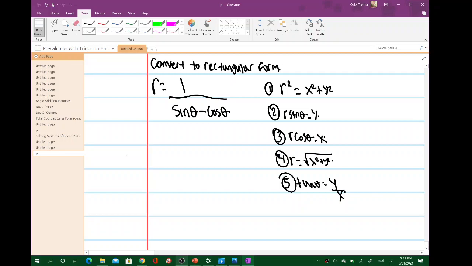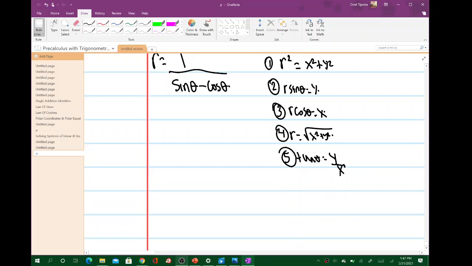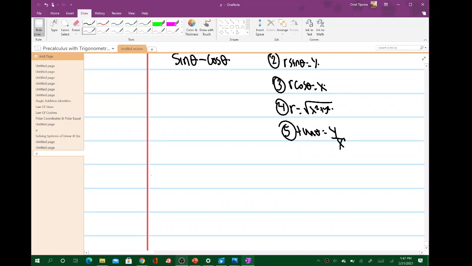So let's see. Basically, what we're going to do is multiply by sine theta minus cosine theta. So I'm going to rewrite it. r equals 1 over sine theta minus cosine theta. And I'm going to multiply sine theta minus cosine theta on both sides, right?